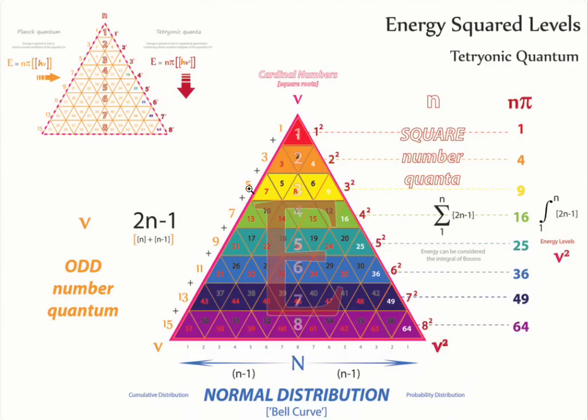Where these odd numbers come together, as we discussed, to form square numbered energy geometries or scalar energy, we then denote it as Planck's constant, or h nu squared. Again, this is done to differentiate between quantum levels and quantized scalar energies.